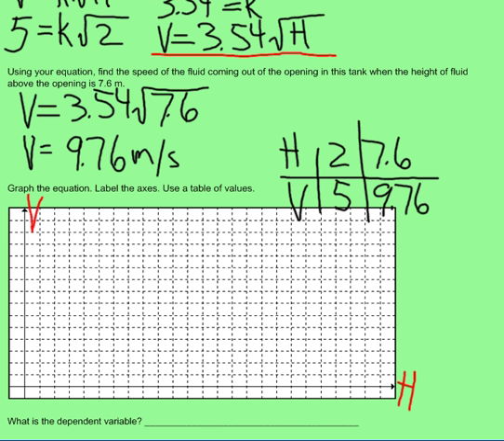I don't want to make this too squished, so I'm going to go every other line. So this would be 2, 4, 6, 8, 10 for h. And for our v numbers, we go from 5 up to 9.76.